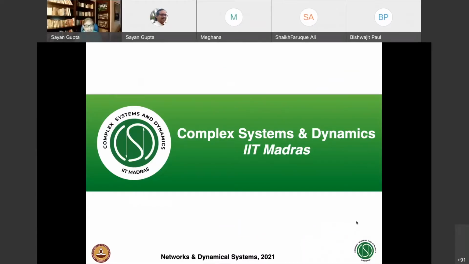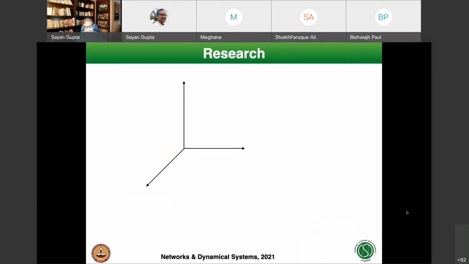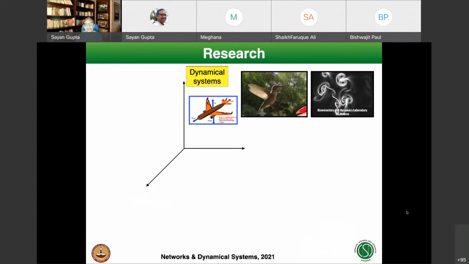But along with this dynamics component, we have three main axes on which our activities stand. One is, of course, the dynamical systems, and by dynamical systems, I mean both engineering applications as well as non-engineering applications.